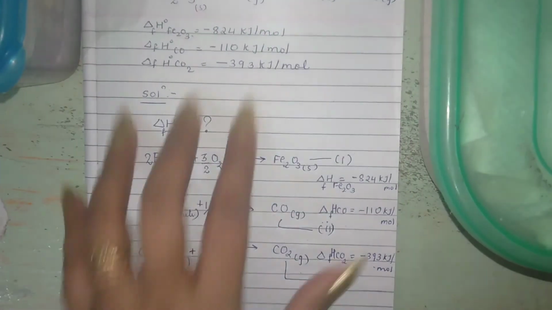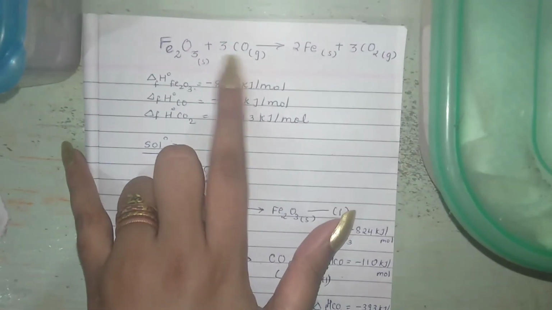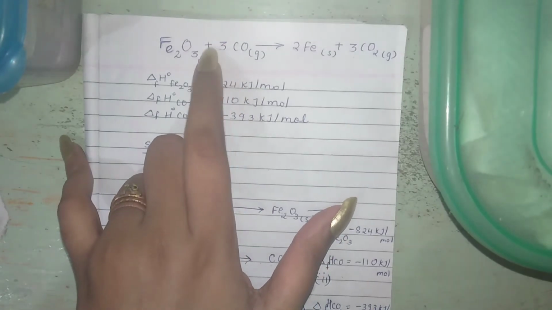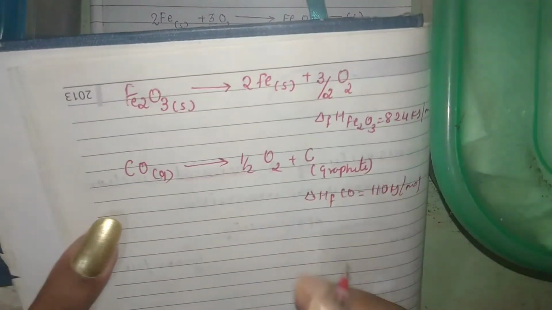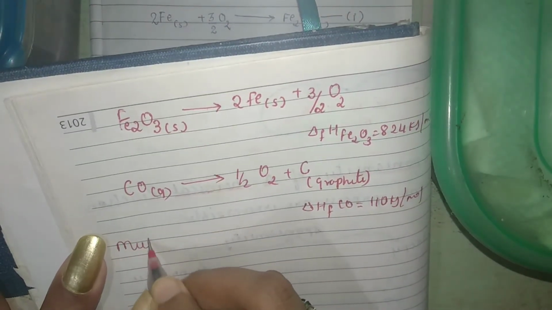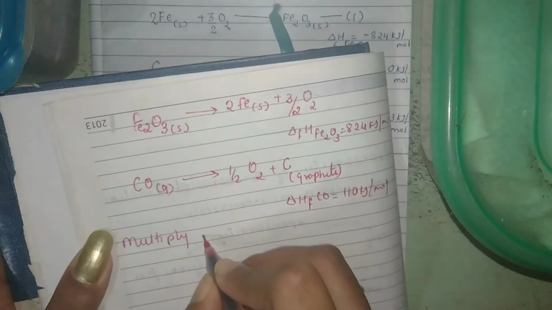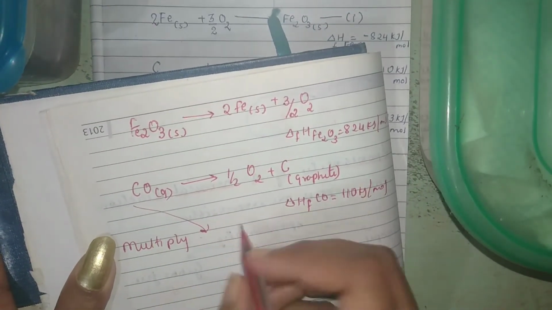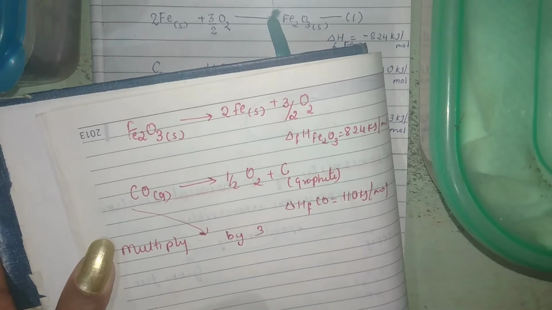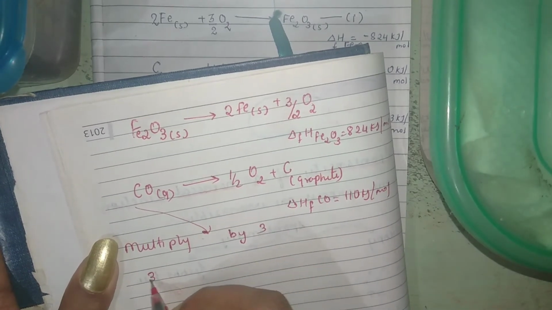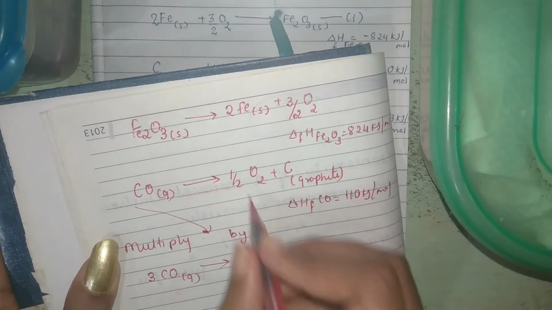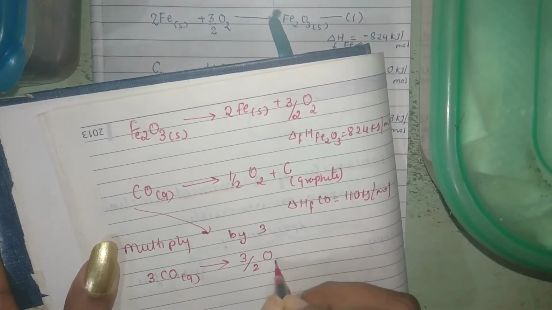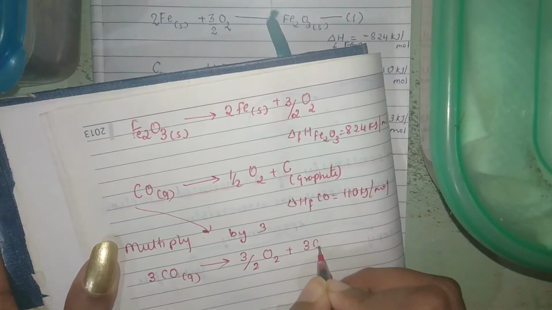Now just look. CO has the coefficient 3, so I will multiply this equation by 3. You will get 3CO giving 3 by 2 O2 plus 3 carbon.